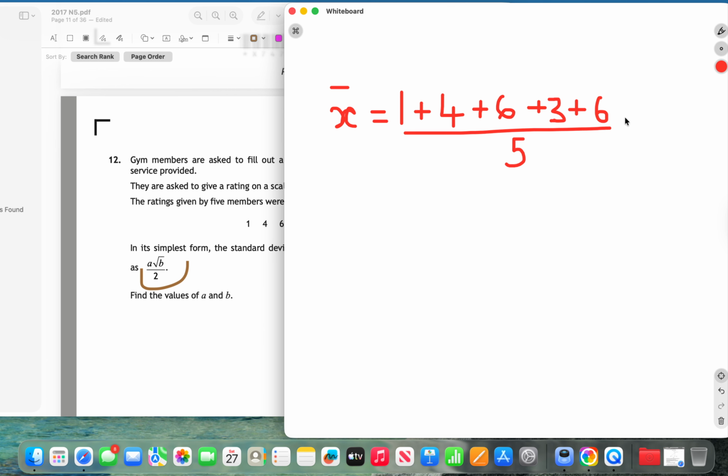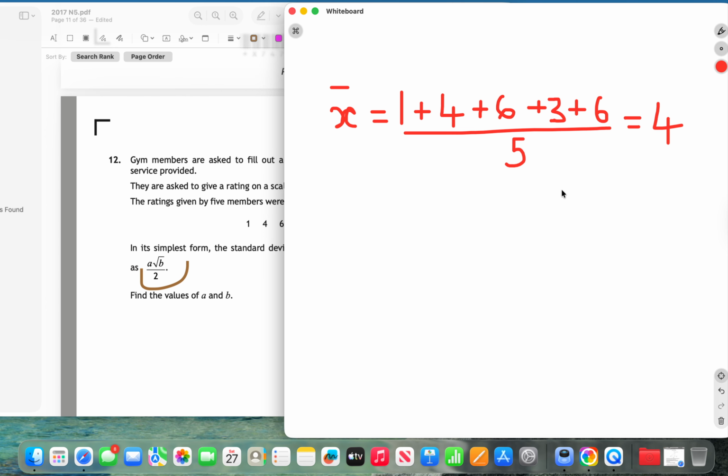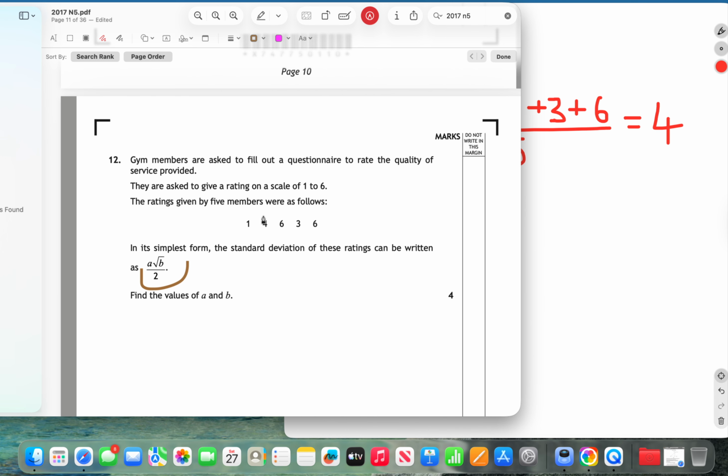You get 20 on the top, divided by 5 is 4. So the higher the spread of the numbers, the more likely that you'll have a higher standard deviation. So we have the sample mean, or the mean of these numbers, is 4.